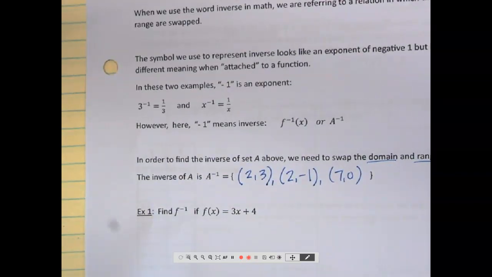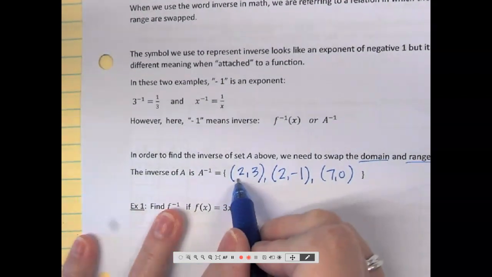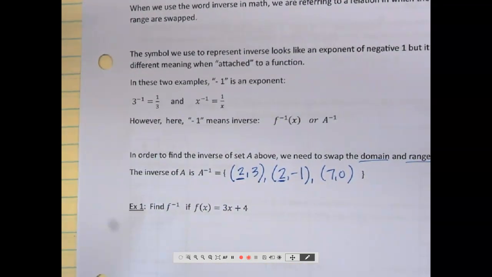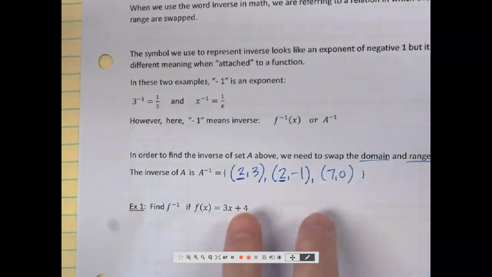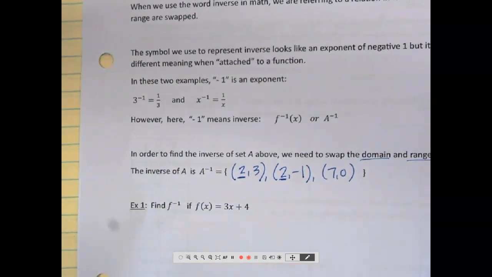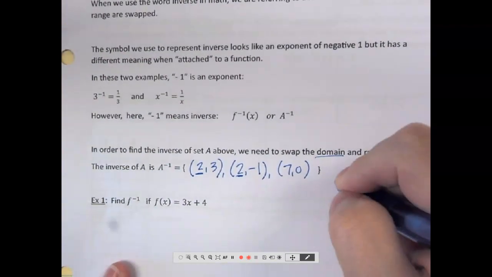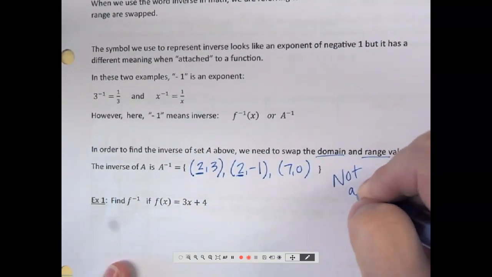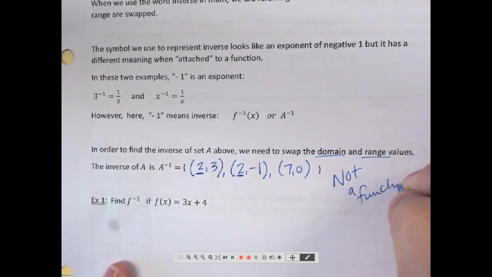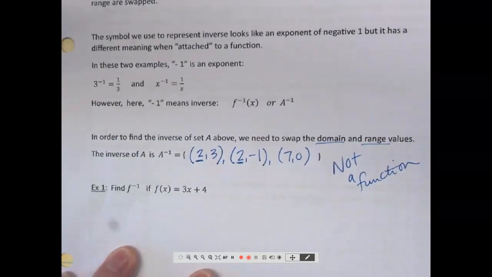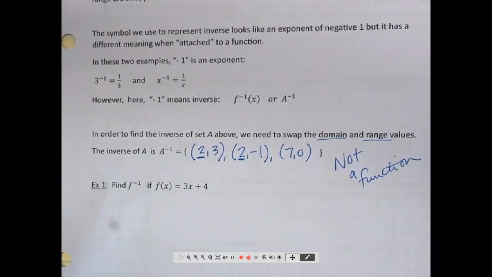Alex is opposite day today. Yeah, apparently so. So I have 2 2's that are x's. So think about if you plotted those 2 ordered pairs, they would line up vertically. So it wouldn't pass the vertical line test. The x's do repeat. So this would not be a function. So sometimes a function's inverse leads to another function. Sometimes it doesn't.